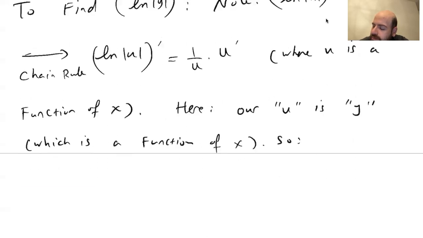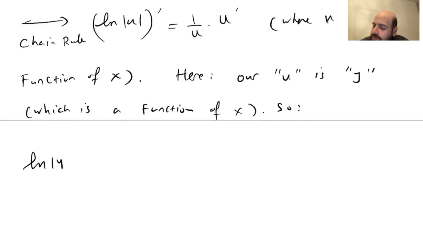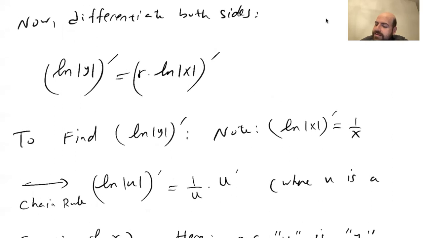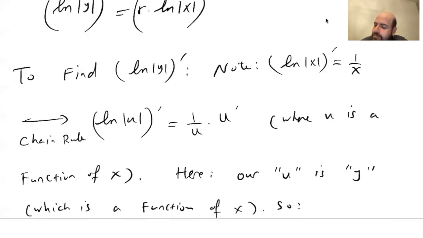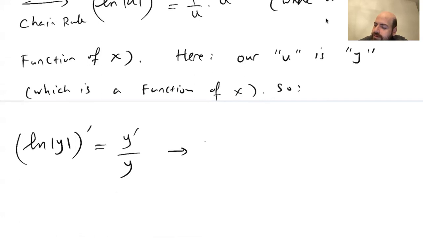So what can I conclude? We can say that the derivative of ln absolute value y is equal to y prime over y. So this is the left-hand side. What about the right-hand side? What will the right-hand side be?